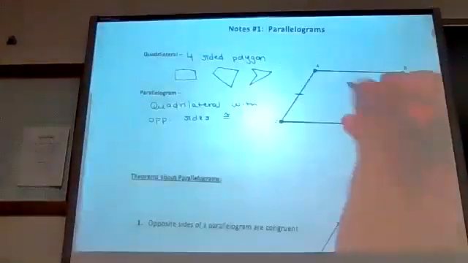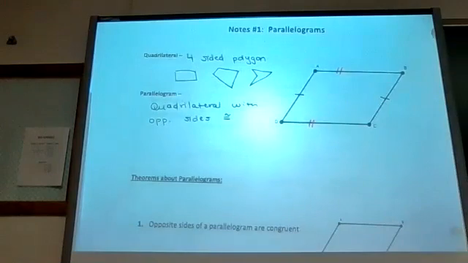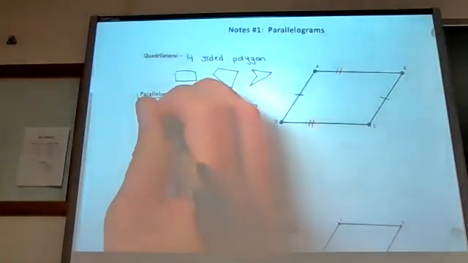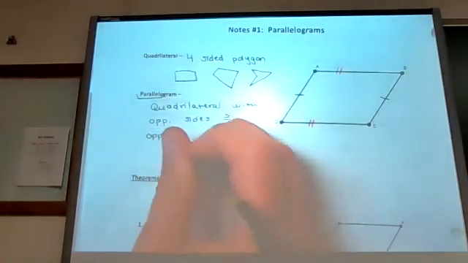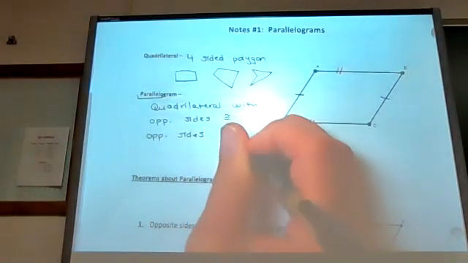Like our rectangle, those two sides are the same length. AB is the same length as DC. So similar to a rectangle, our opposite sides are congruent, or equal to each other. The other thing that makes it a parallelogram is that the opposite sides are parallel.